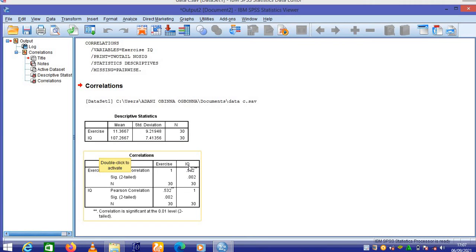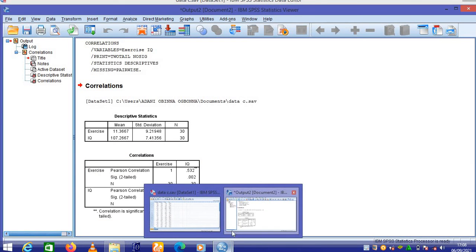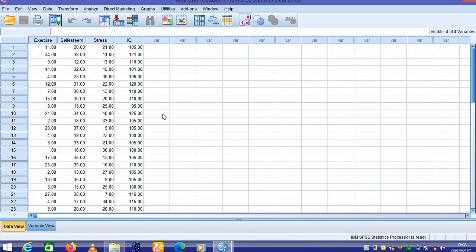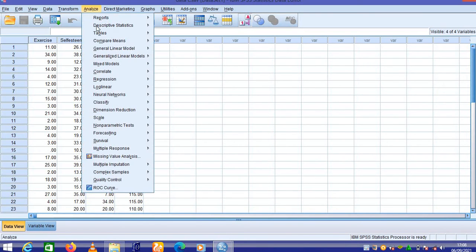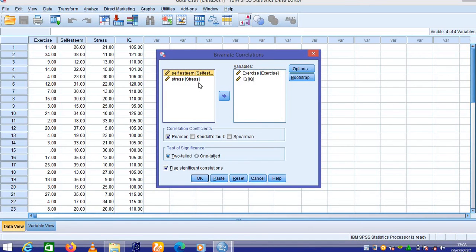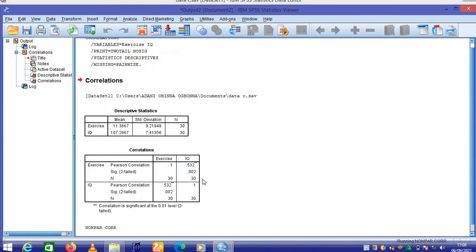Then if you want to carry out the non-parametric equivalent, which is Spearman's correlation, you come to analyze, correlation, then bivariate. Here you unmark Pearson and then mark Spearman correlation, then you click OK.